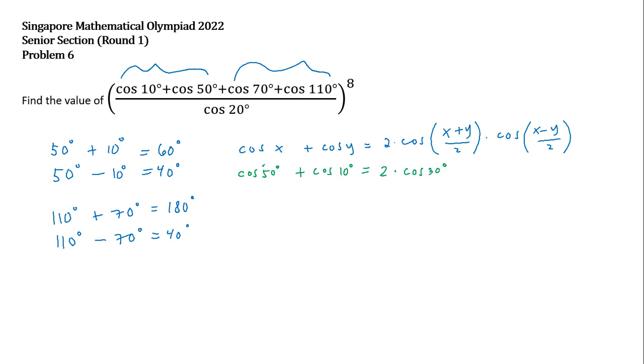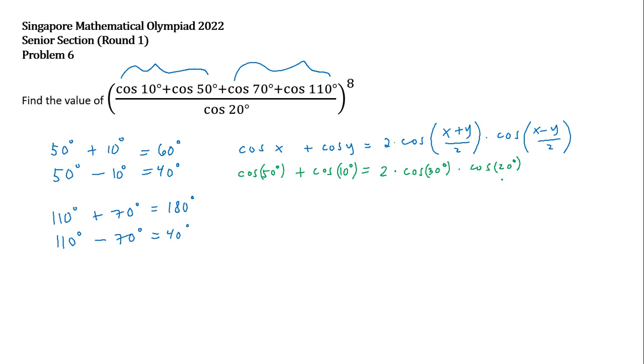So I'll just enclose this one with parentheses just to avoid confusion. And then times cosine of x minus y. So that's 50 minus 10 degrees. That's 40 divided by 2, that is 20 degrees. So as predicted, the cosine 20 degrees comes out. Okay, so there's a great chance that we can cancel the cosine 20 degrees later on.